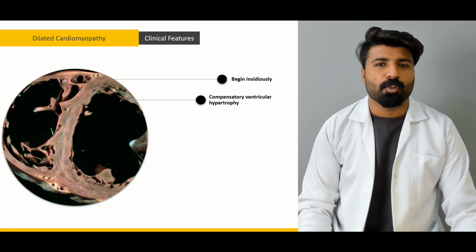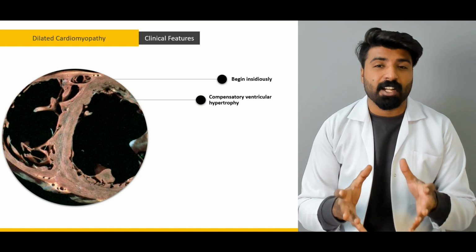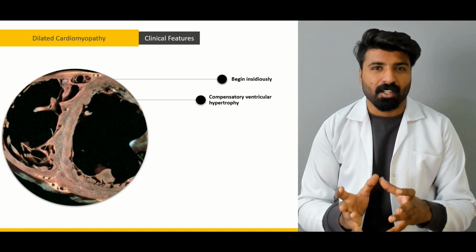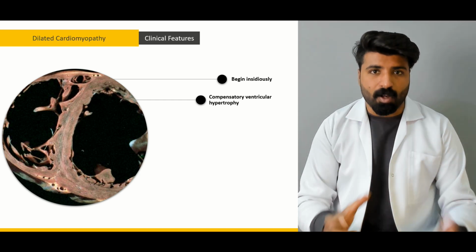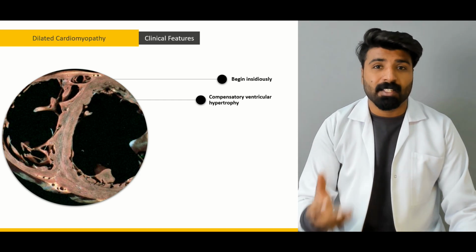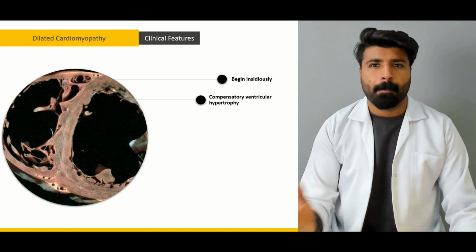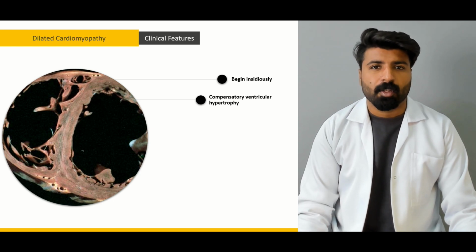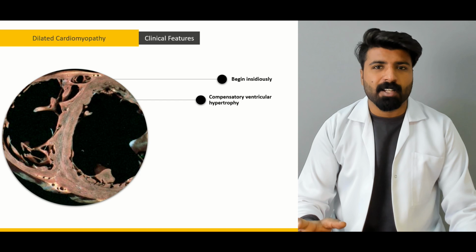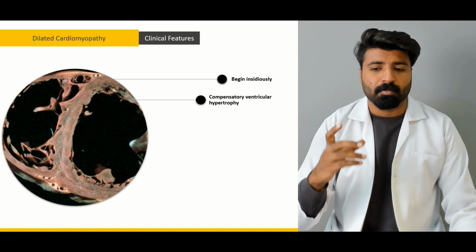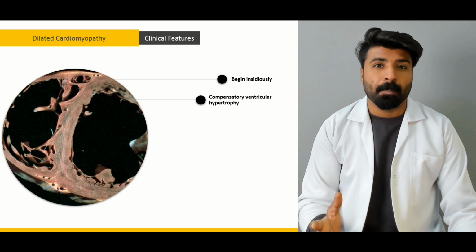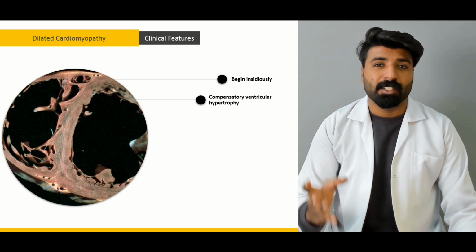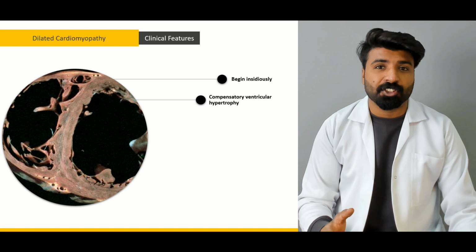Compensatory ventricular hypertrophy means that ventricles are actually compensating. They are compensating this loss, because in this pathology, myocytes are being necrosed. There's death of myocytes, so the ventricles will go into hypertrophy due to the compensatory mechanism, so that they can perform the normal function.